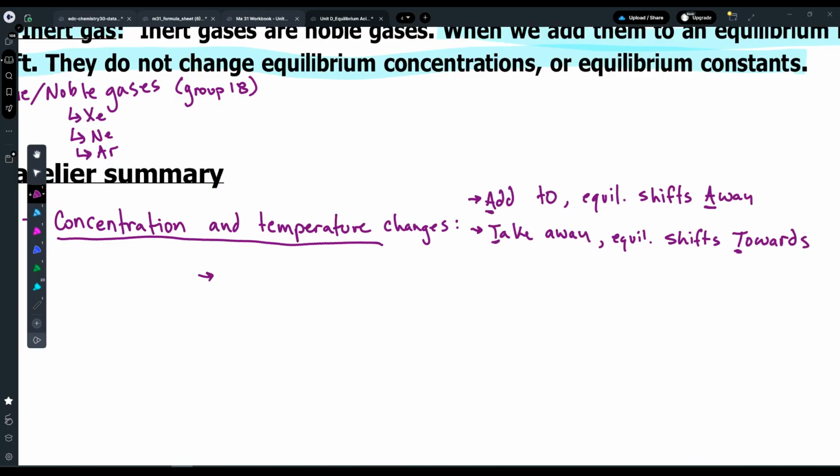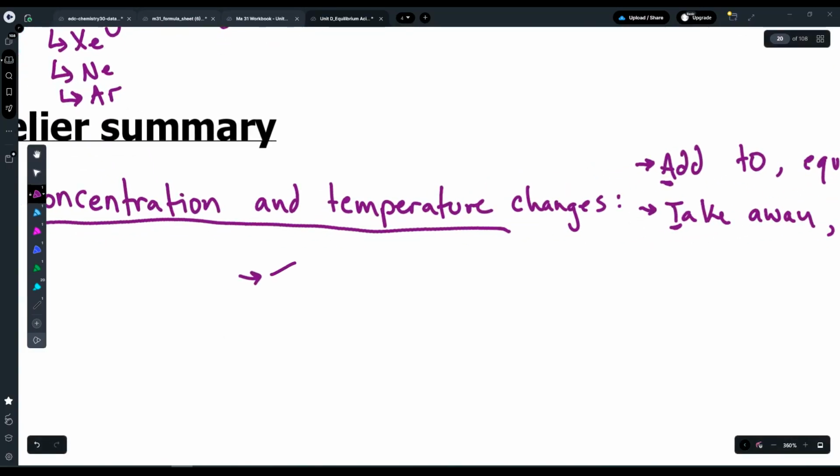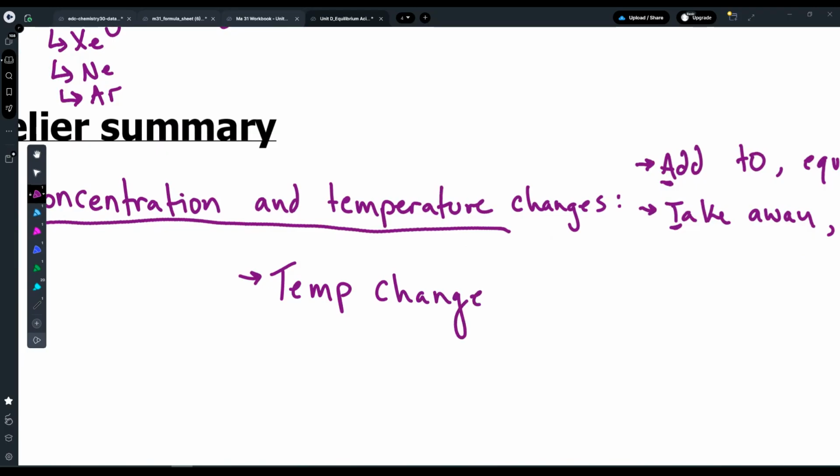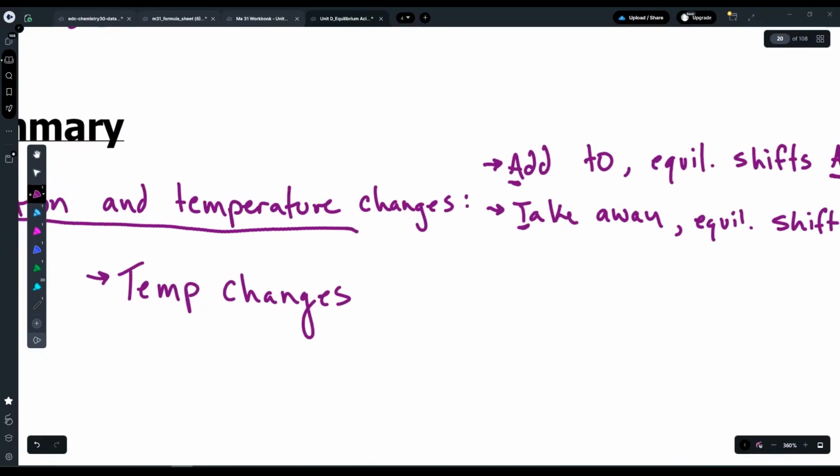And remember, temperature changes, and it's specifically only temperature changes, those will affect your value for your equilibrium constant. But nothing else does.